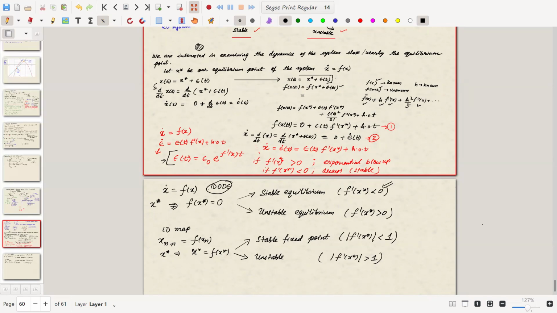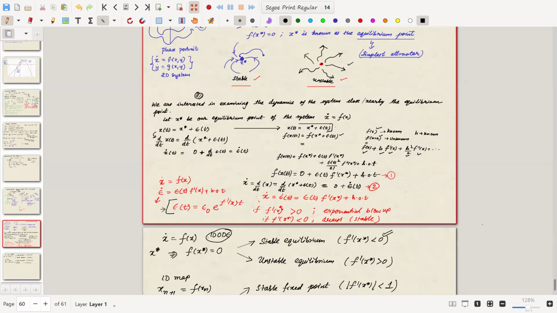If f prime is greater than 0, the exponential is blowing up, so epsilon t grows. The trajectories move away, as I have shown here. Therefore it is unstable.